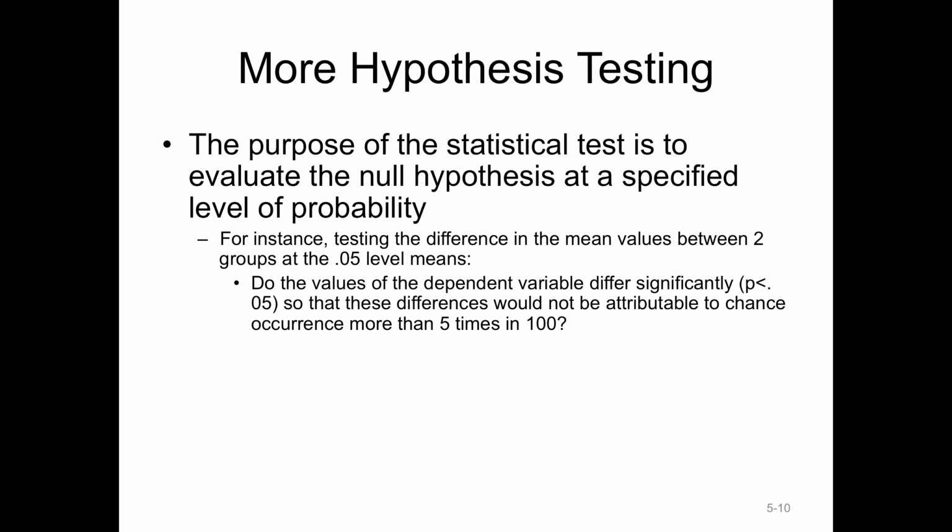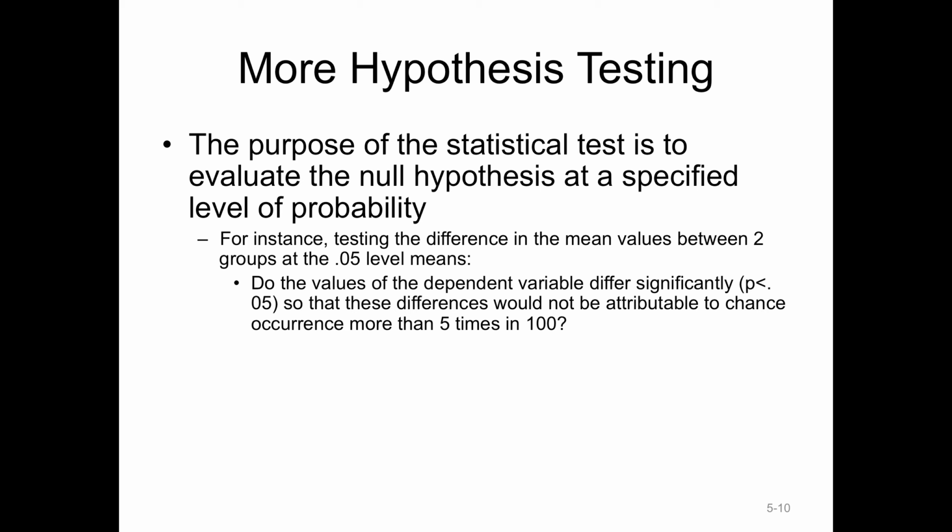What that means is, do the values of the dependent variable, so D was for data, right, that was measuring grip strength, differ significantly between males and females, for example, so that the differences would not be attributable to chance, in this case occurring more than 5 times in 100.